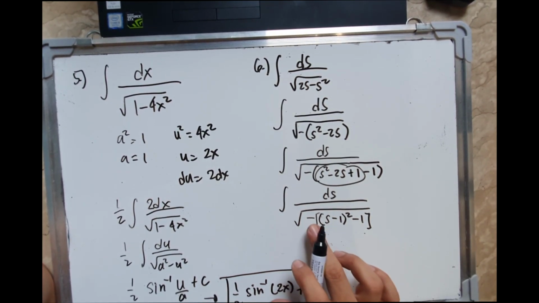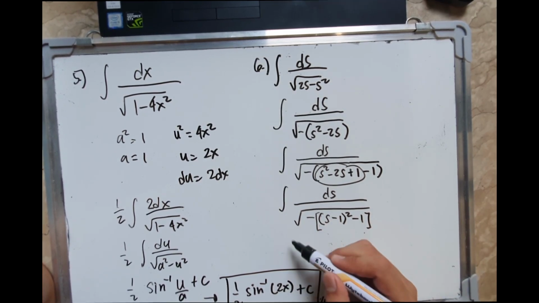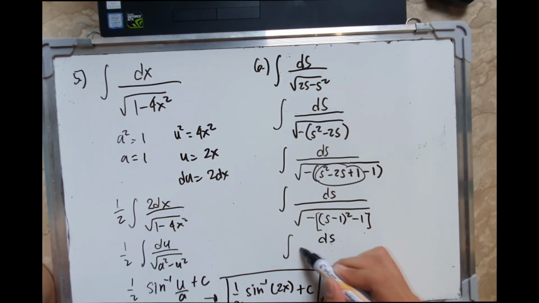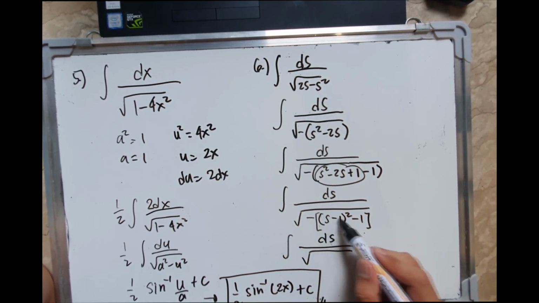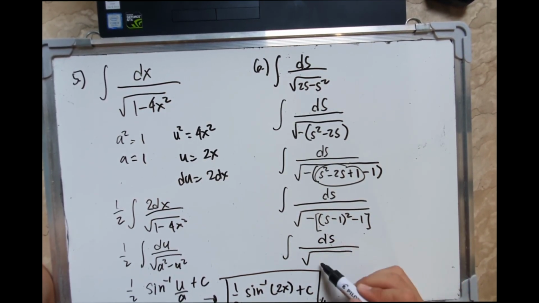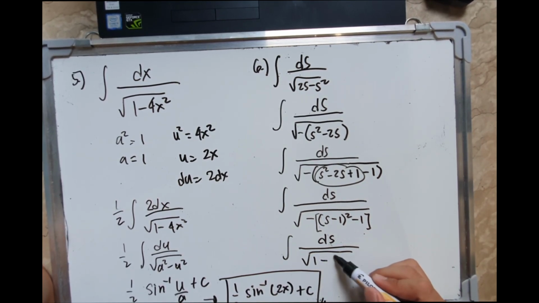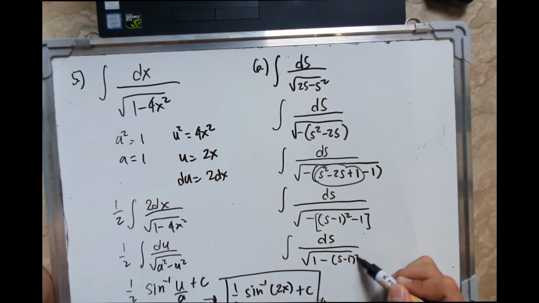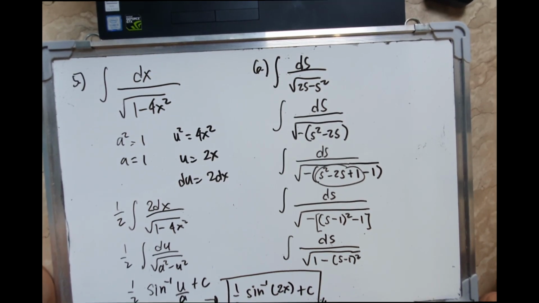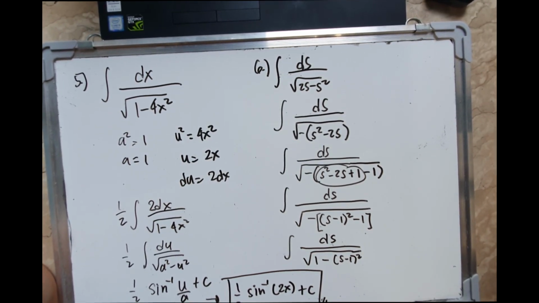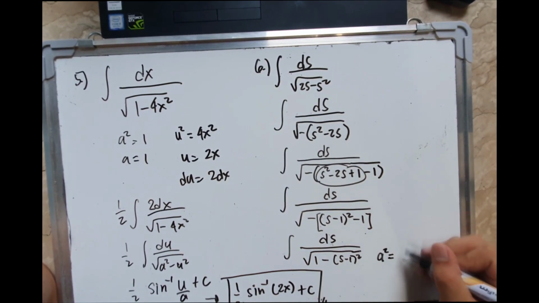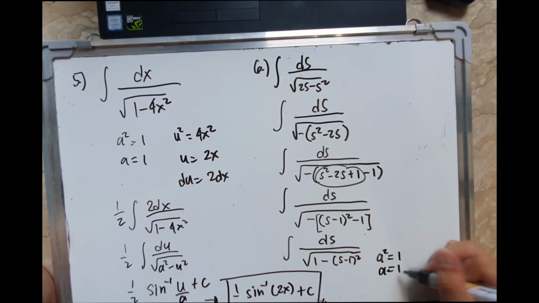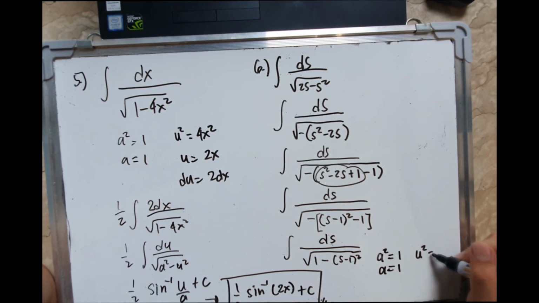If we distribute the negative, ds over the square root of this one will become negative, this one will become positive: 1 minus s minus 1 squared. So we could now assign values: the a squared is 1, a is 1. How about the u squared?